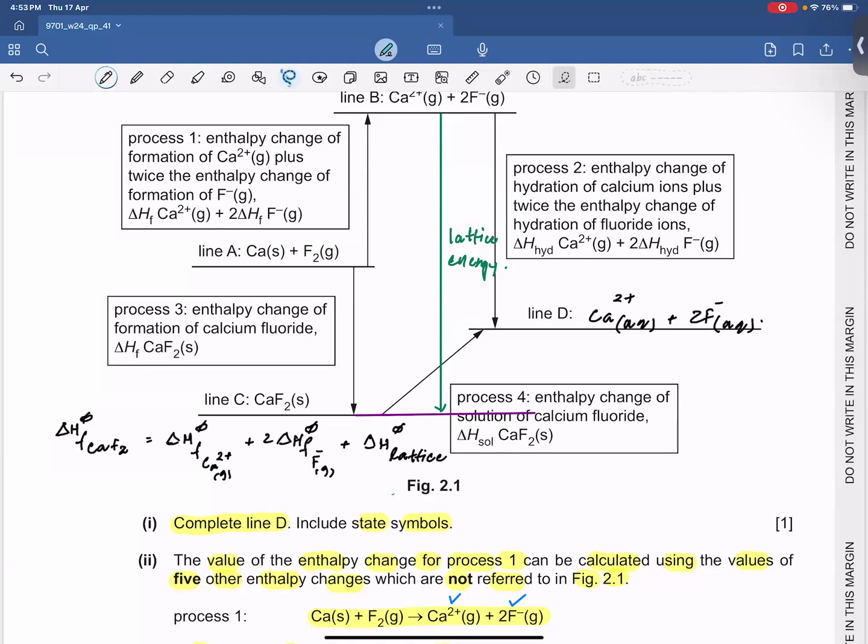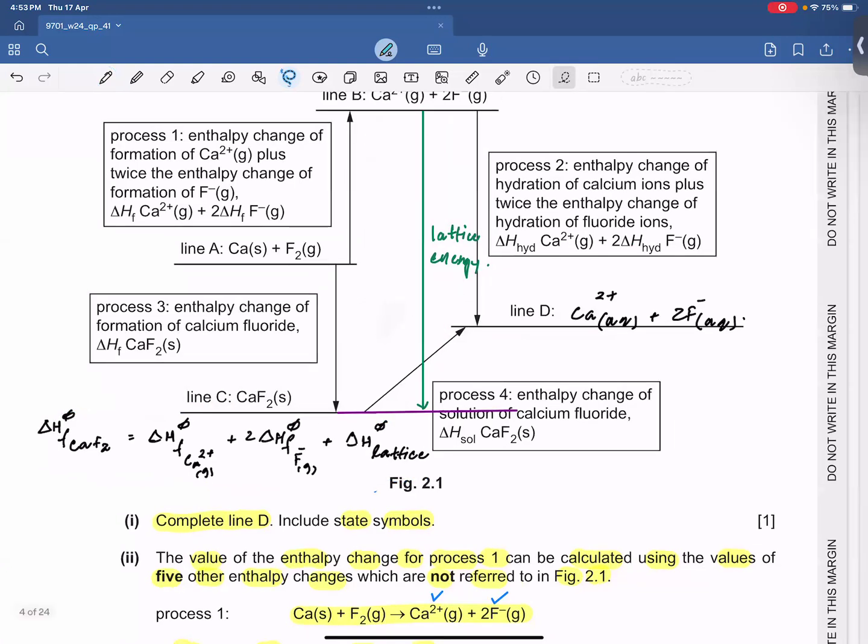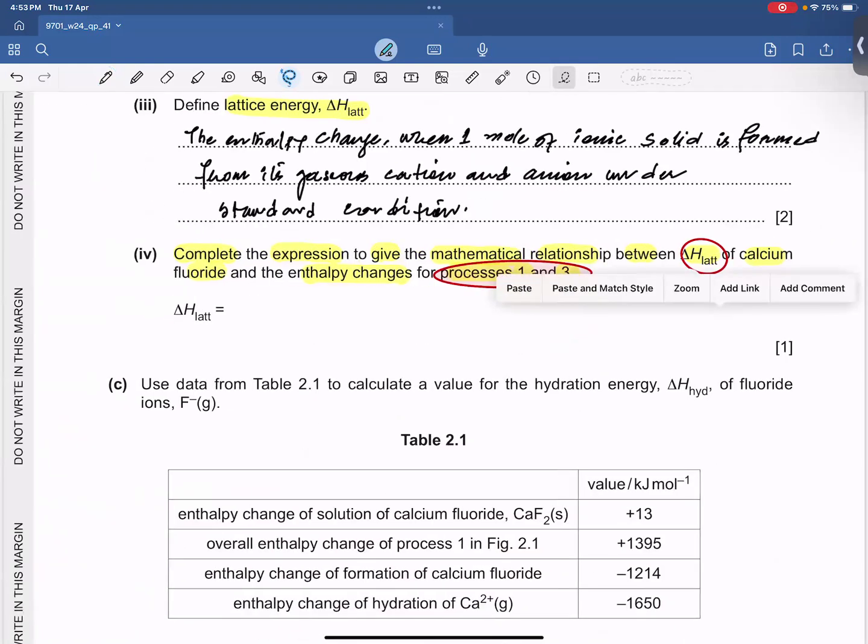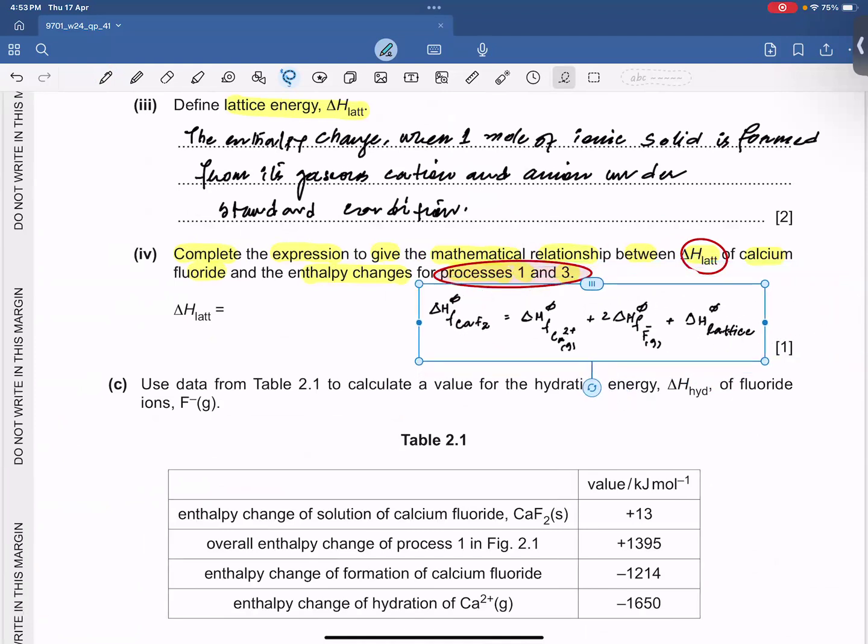और अब मैं इस रिलेशनशिप को यूज करके डेल्टा एच की वैल्यू डिटरमिन करने की कोशिश करता हूं. Let's apply this concept here. That's little bit tricky.